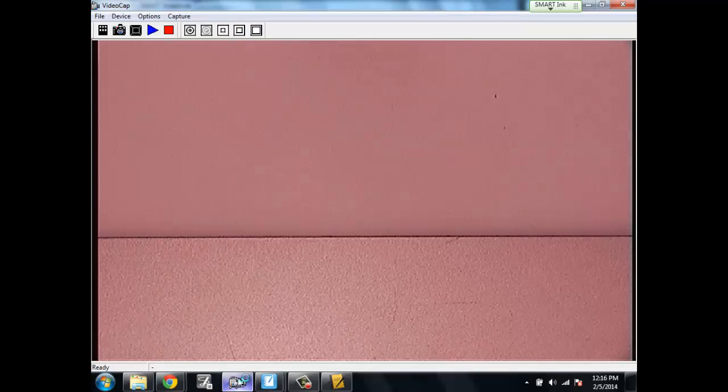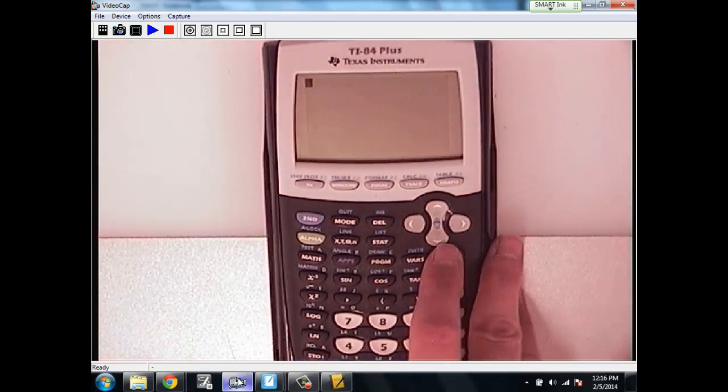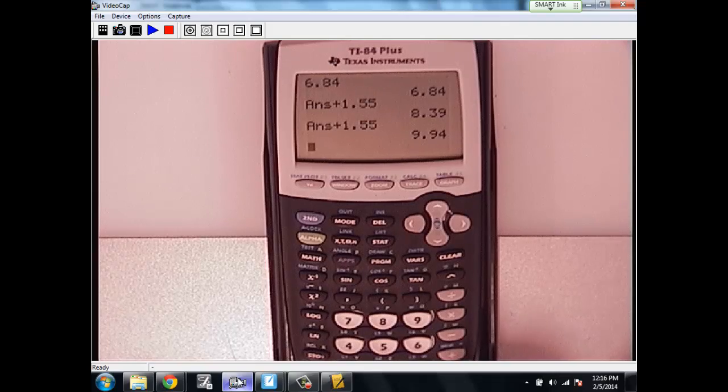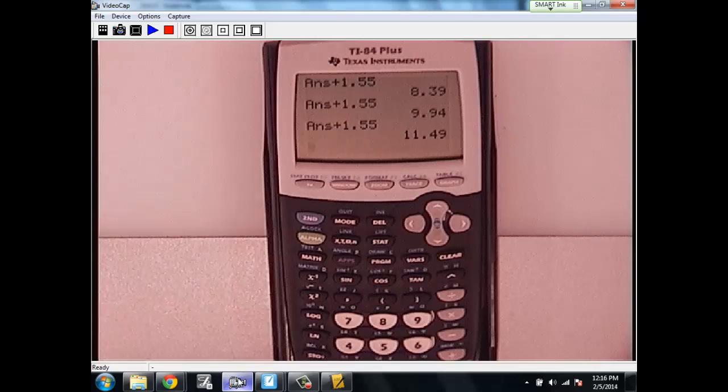Calculator trick, ready? Here's a shortcut. If you type in 6.84 and push enter, it locks in that number, and then push plus 1.55, push enter, push enter, push enter again, and it adds it on those 3 times real quick for you.